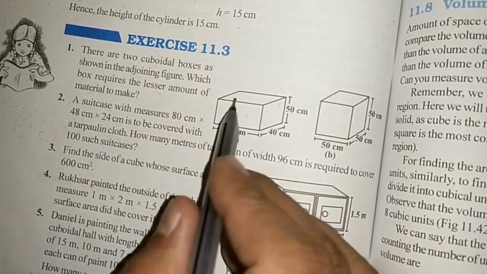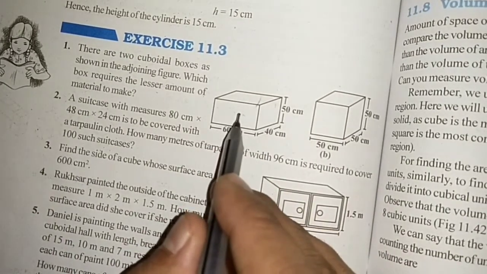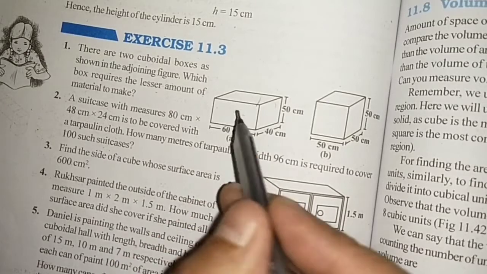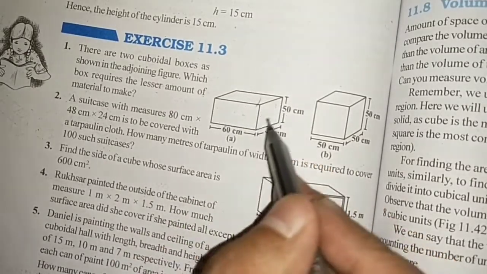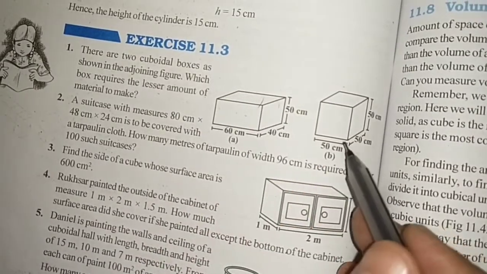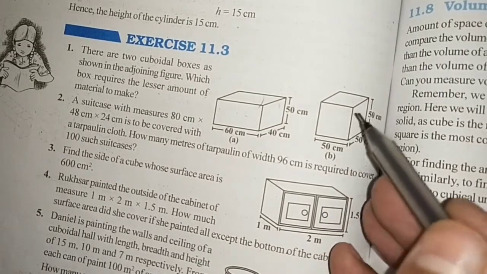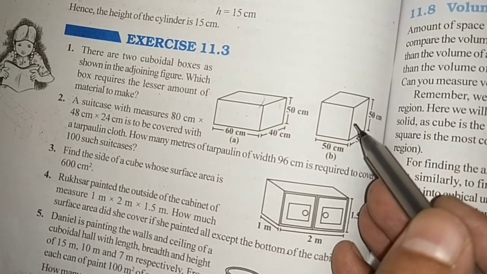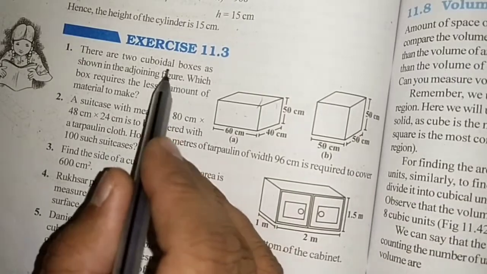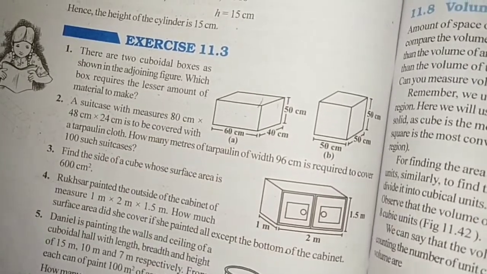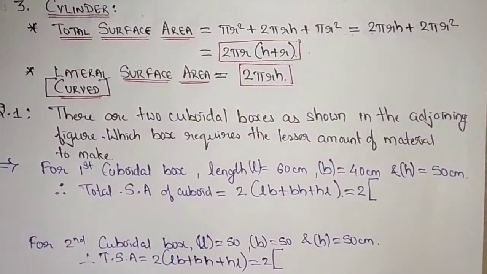And what is the material made up of? It is a cuboidal box. So we will use the formula for a cuboid. Even for this one we will use the formula for a cuboid, because they have told us that it is a cuboidal box. So let us start.